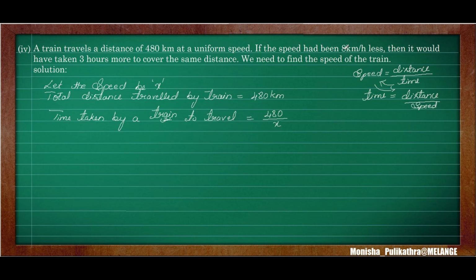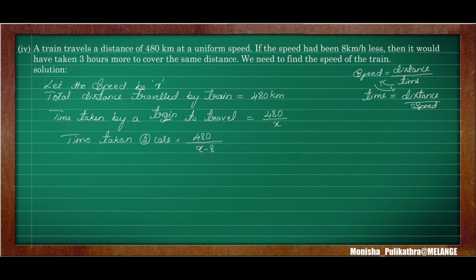Next, if the speed has been 8 km per hour less, the time taken in the second case changes. Here 480 is the same distance, whereas the speed will reduce by 8 km per hour.